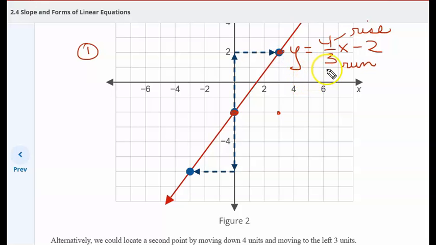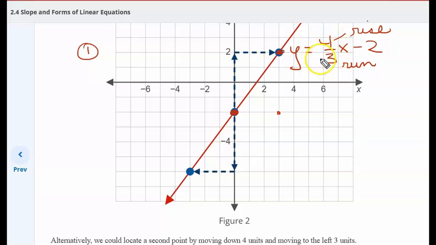Now, could you theoretically do the rise first, as they're showing here? Sure. 1, 2, 3, 4, rise, and then do the run. Again, it's how you do it, and you want to get it right. Now, you could also go down 4 and then over left 3. The key is when the graph starts low like this, and as you move to the right, it goes up.